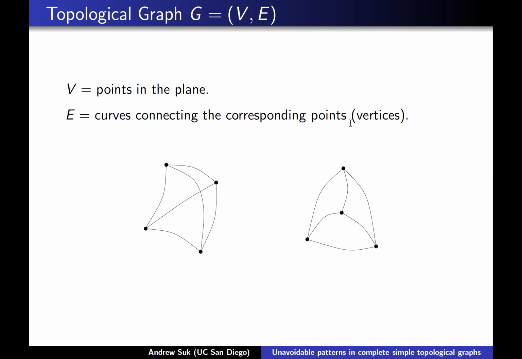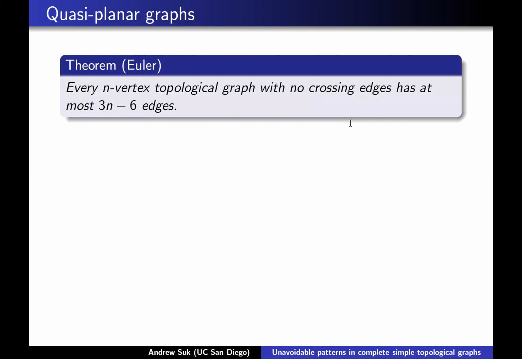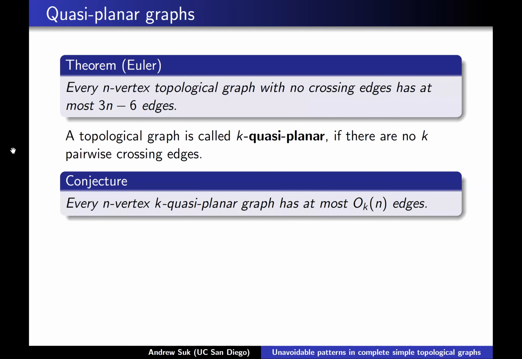So we all know by Euler's famous theorem that if you have an n-vertex topological graph with no two crossing edges, then the number of edges is at most 3n minus 6. And so in particular, if your graph is planar, the number of edges is at most linear in the number of vertices. And then we say that a topological graph is k quasi-planar if there are no k pairwise crossing edges.